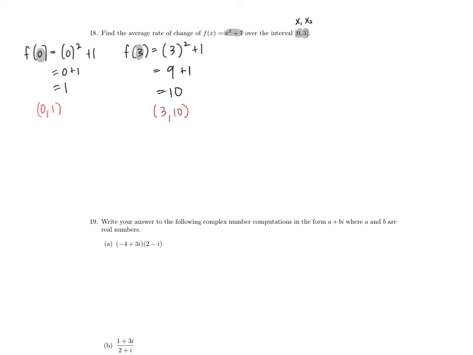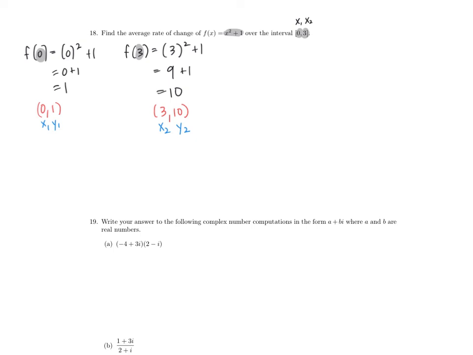To find the average rate of change, that is the slope formula, okay? It is the difference in y's over the difference in x's. So you're simply going to treat these as x and y. Use the slope formula because the average rate of change formula is the same as the slope formula.